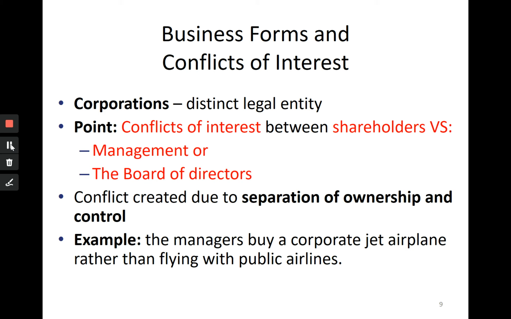So there is some influence that management has on selection of board members and their behavior. And this influence gives rise to this conflict of interest where the board members may not do everything in the best interest of shareholders, particularly when it comes to the compensation for the managers.